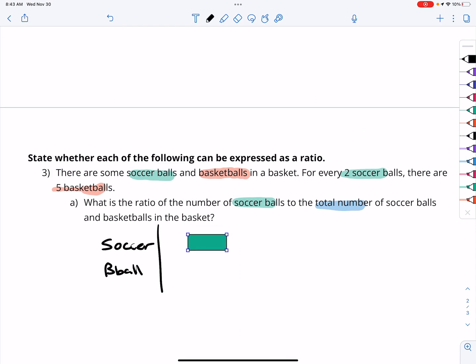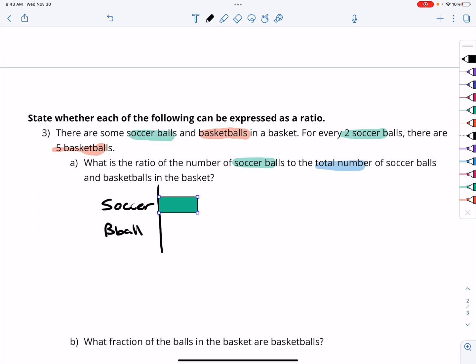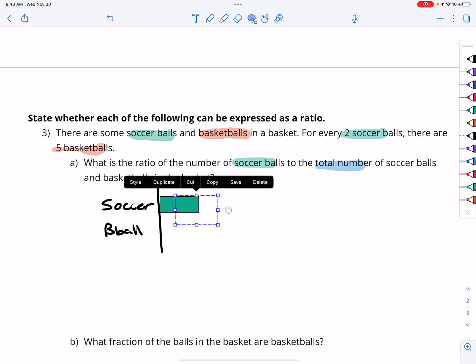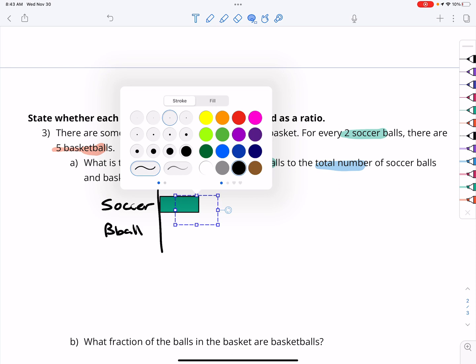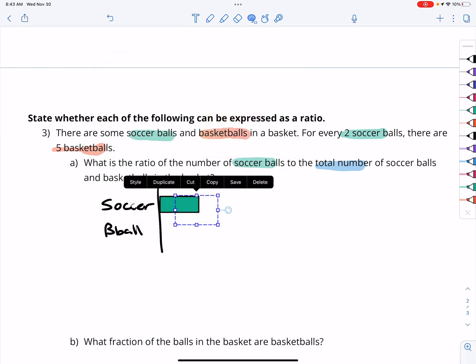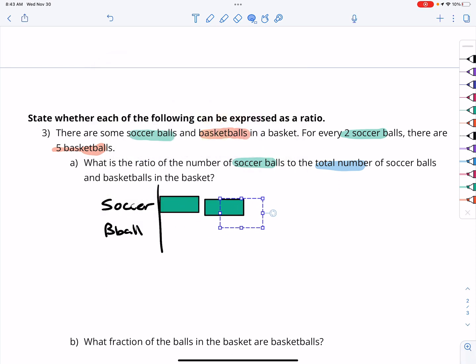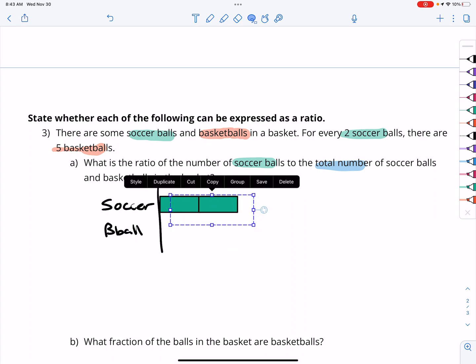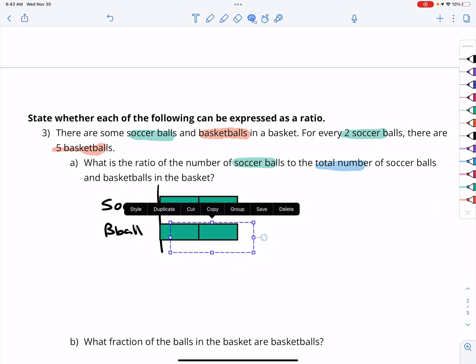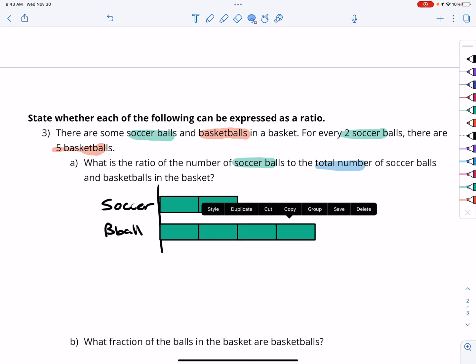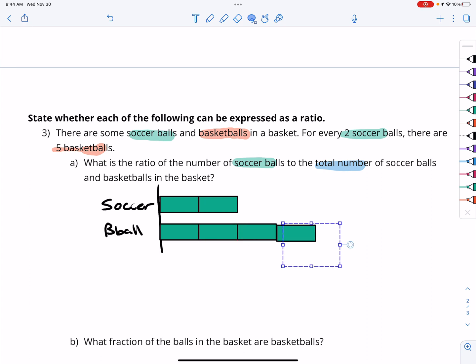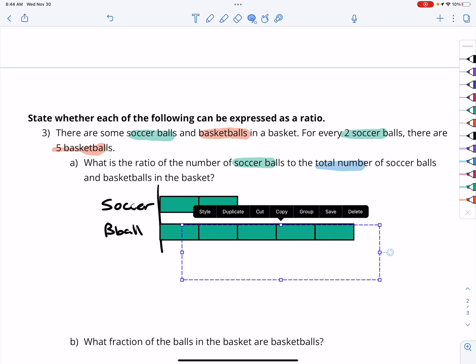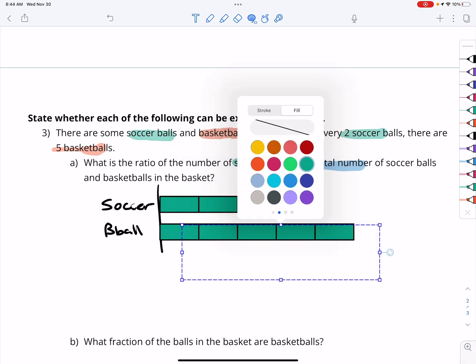So there's 1 soccer ball, and if I take my lasso tool, I'm going to make those sides just a little bit thicker. There we go. So now I can duplicate this. So we have 2 soccer balls, and we need 5 basketballs. So here are the 5 there, and I will change those to be our orange in the middle.